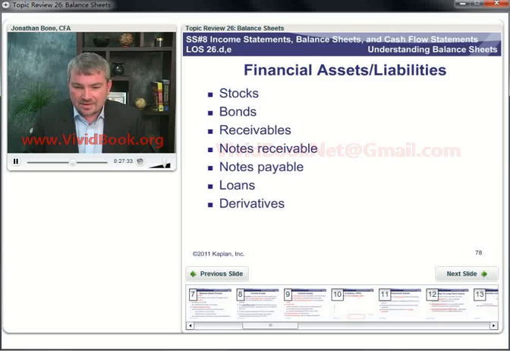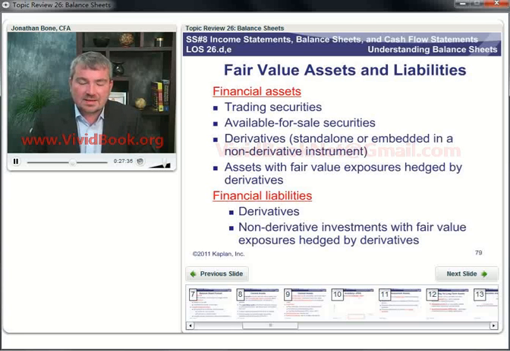So let's have a look at our financial assets and liabilities that are recorded at fair value in a company's accounts, i.e. market value. Trading securities are held at fair value. Available for sale securities are held at fair value. And we'll talk about those in more detail a little bit later.